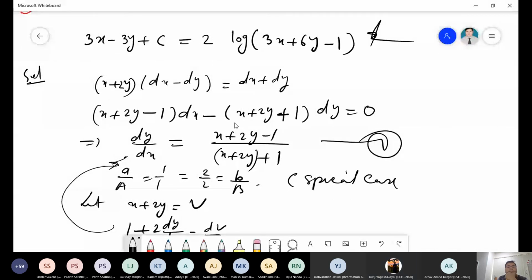Because when you multiply this equation with minus sign, the minus 1 will come here, minus dy. So when you take the bracket, this will be plus 1, no? So this is the mistake that you did, I think. Okay, sir, yes, sir. You check it. Fine. So this was the mistake.